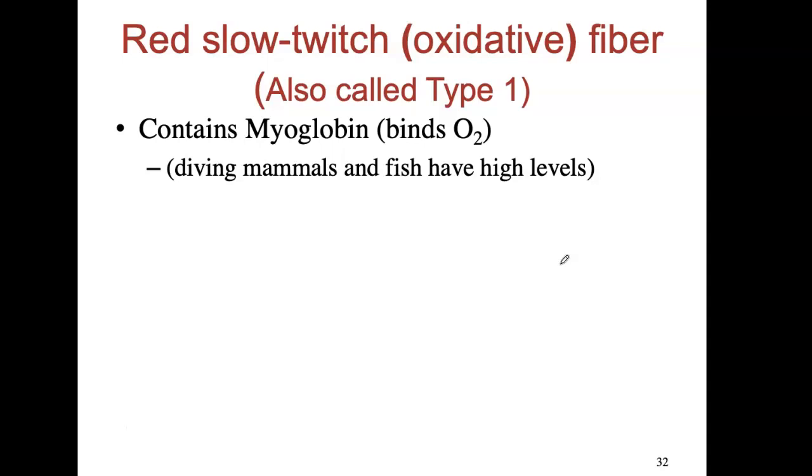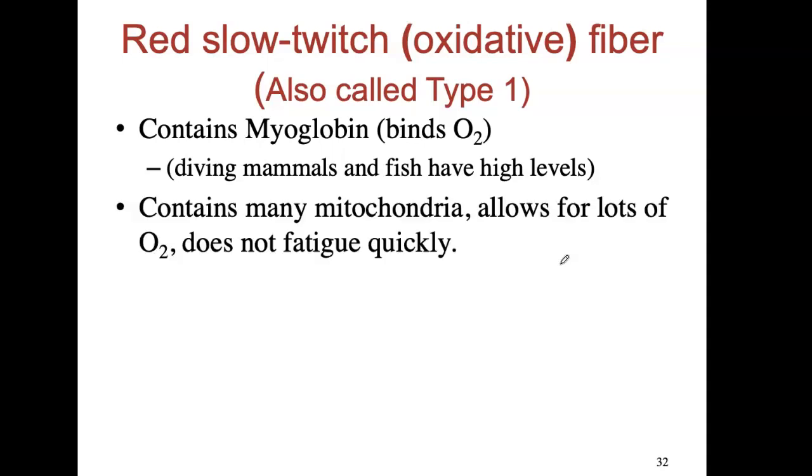Turns out that diving mammals and fish have high levels of this. They contain a lot of mitochondria because you're going to be making ATP constantly. It's going to allow for lots of oxygen because you have myoglobin, and therefore it's not going to fatigue, because you have the ability to make lots of ATP. This type of fiber also has lots of capillaries in it.